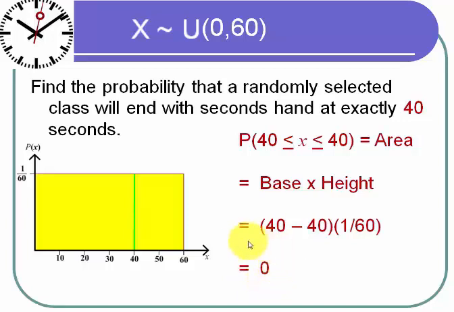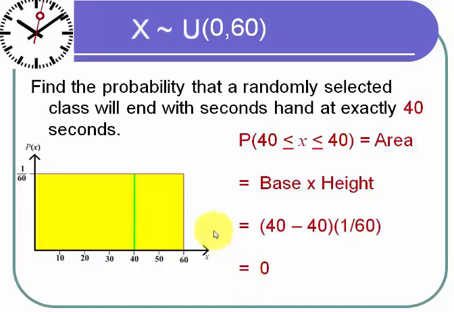And that just feels wrong, but it is right. Even though it's possible for the second hand to be at 40 when class is over, the probability is 0. That just feels weird. Here's what's going on. We're talking about a continuous random variable.